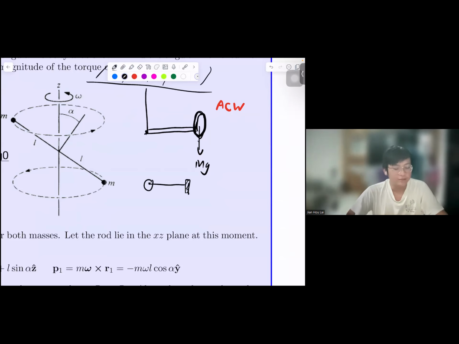Okay, so let's say we have this R, and there will be the force, and you want to find the direction of the angular momentum. The angular momentum is in the same direction as omega, right?